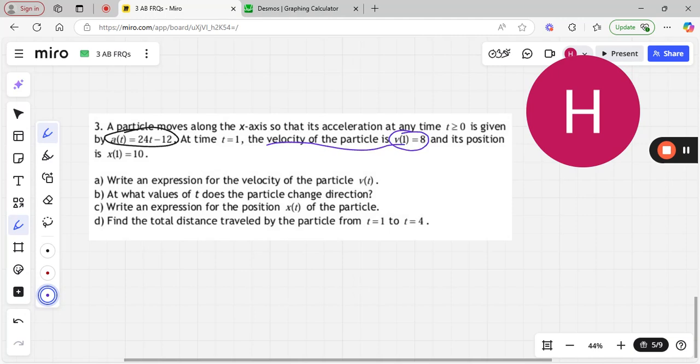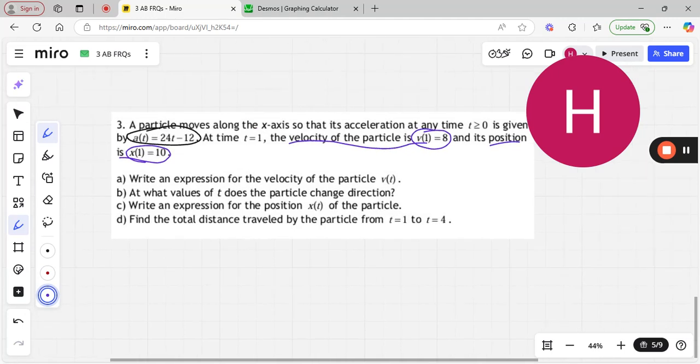We have the derivative of the velocity and an initial condition of the velocity, so that's going to help us solve for the velocity equation. They also give us the position at time 1 is 10. This is also another initial condition. Remember that velocity is the derivative of position. So they're giving you another initial condition, and we're going to have to use that in part C. Let's begin with part A.